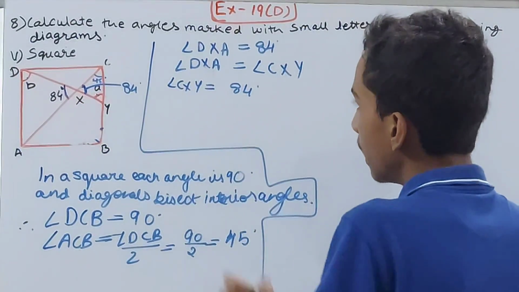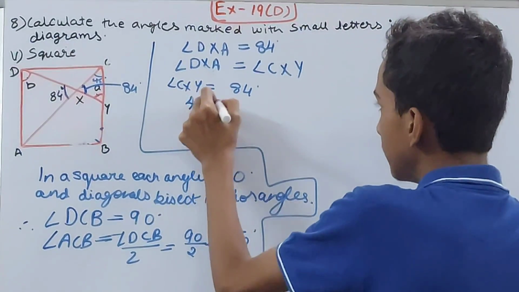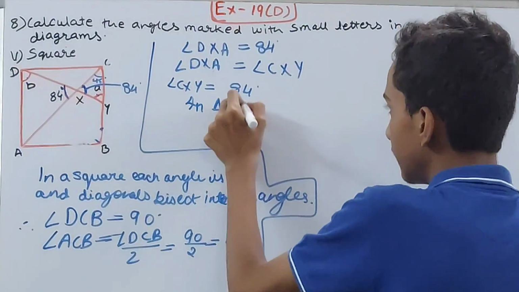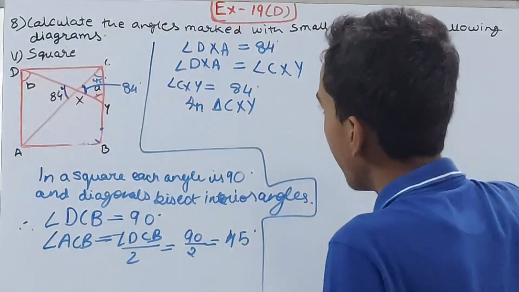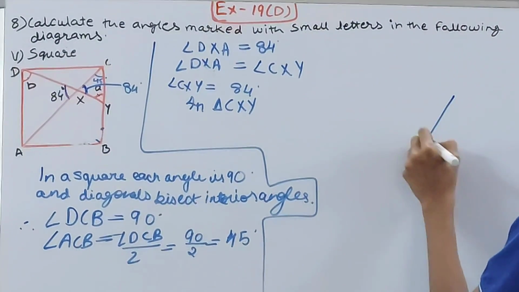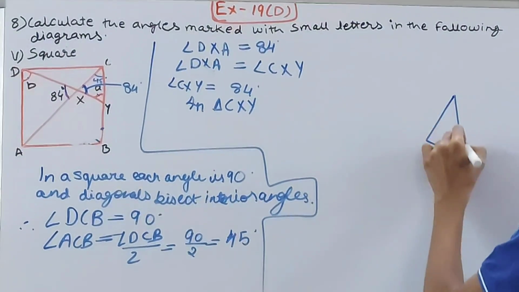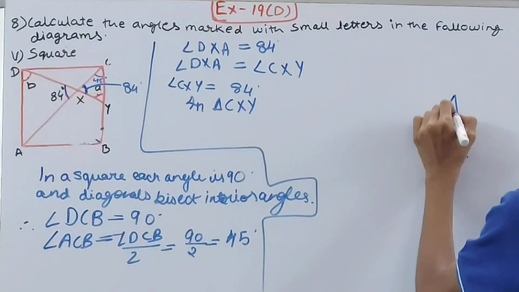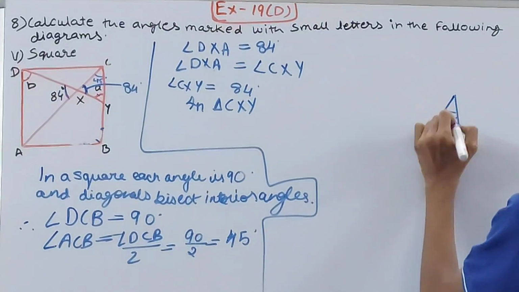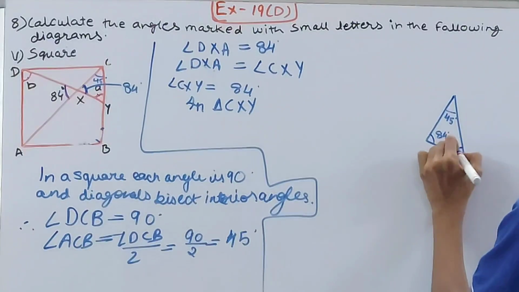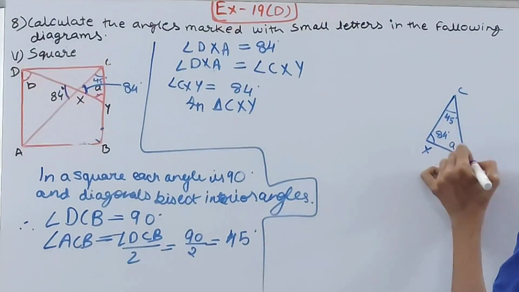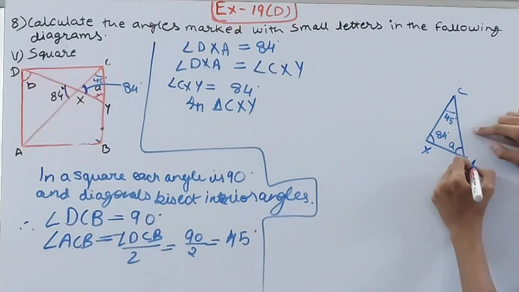So now in triangle CXY, this triangle, right? I'll make it a little big for you so it's very clearly visible. You have this angle, it is 45 degrees. This angle we have taken out as 84 degrees. This is angle A, this is C, this is X, this is Y. Look from here, what you will have?